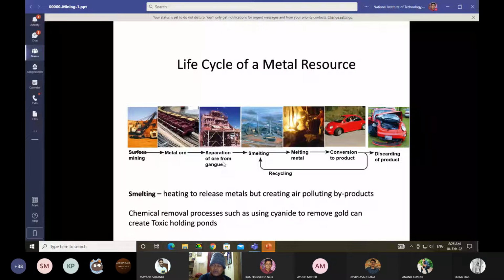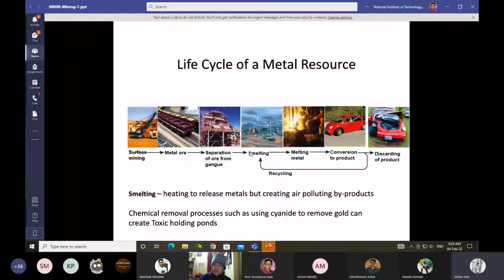Smelting will be done to further refine it. After the smelting is done, some byproducts will come out, meaning some impurities.